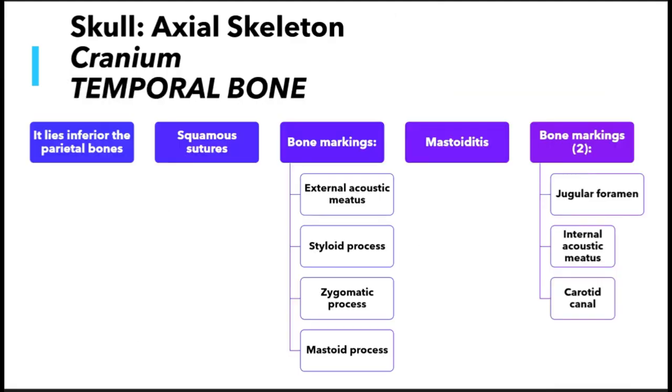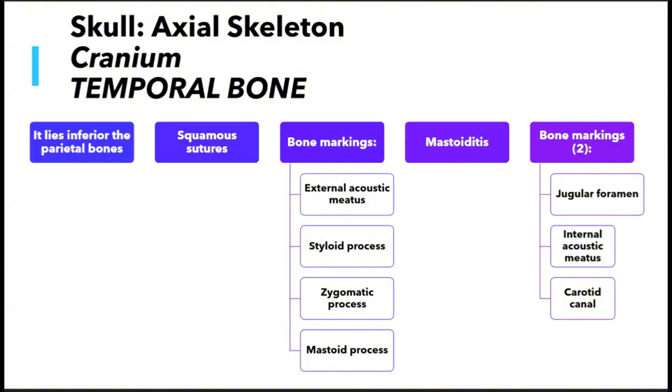Okay, let's go with the temporal bone of the cranium. Your temporal bone is attached to another bone through your squamous suture. So your temporal meets the parietal bone at these sutures.